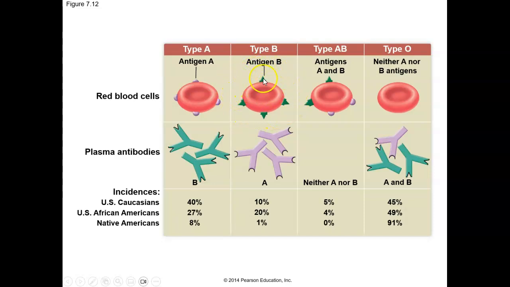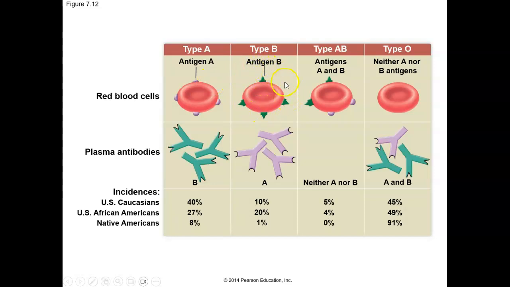These B antigens are foreign to this person with A, just like a bacterial cell would be foreign to this person. So they can make antibodies to fight off the Bs. So this would be why somebody with type A blood, if you transfused them with type B blood, their blood would fight off the Bs with their own antibodies. And that would cause agglutination, and that could be dangerous for the patient receiving the blood.